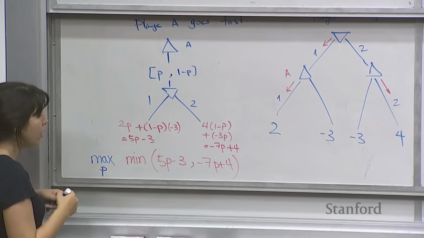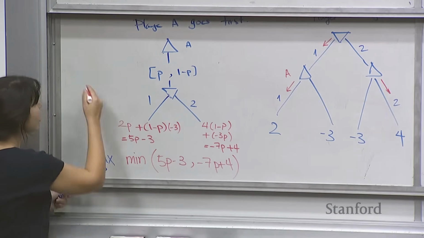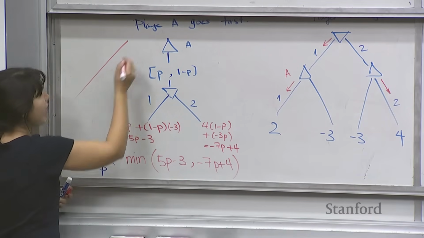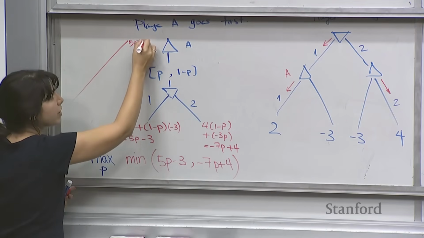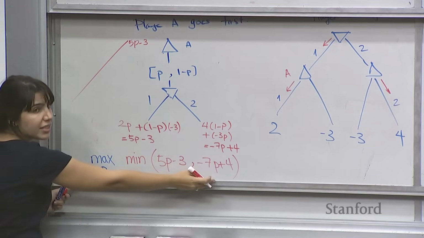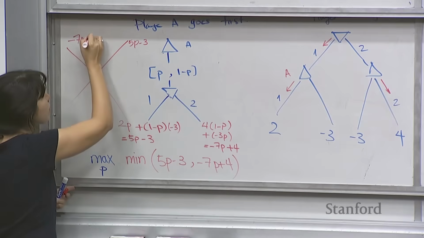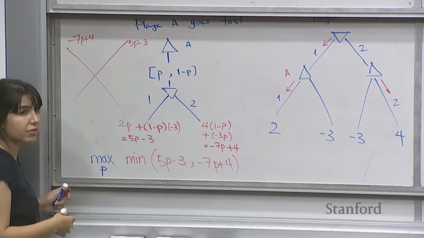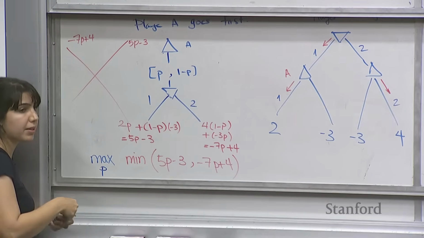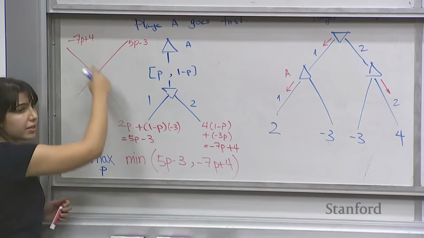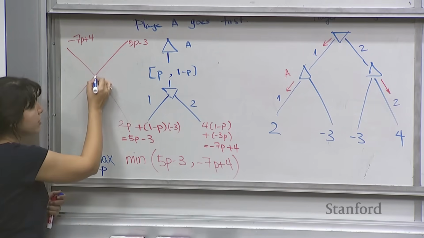Okay? All right, so the interesting thing here is this 5P minus 3 is a line with positive slope. And this minus 7P plus 4 is another line, with negative slope. What is the minimum of these? Where is the minimum of these two lines going to happen? Where they meet each other, right?